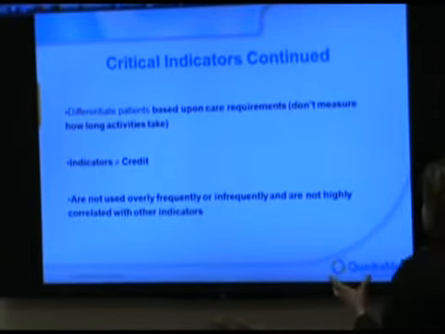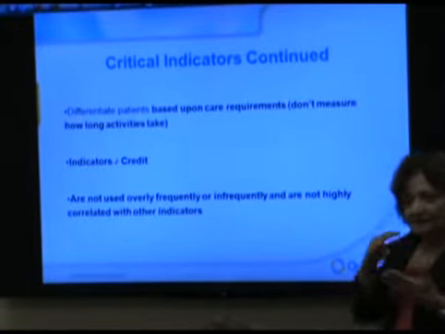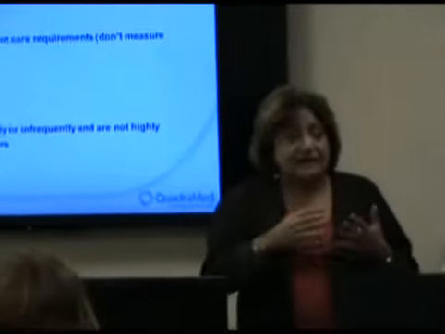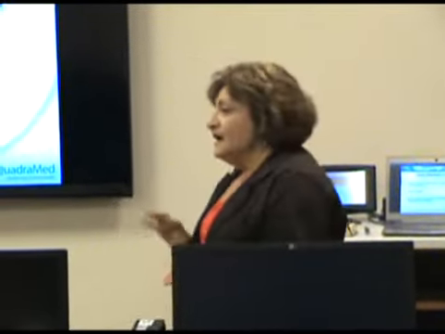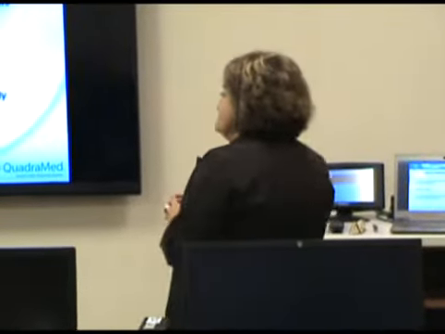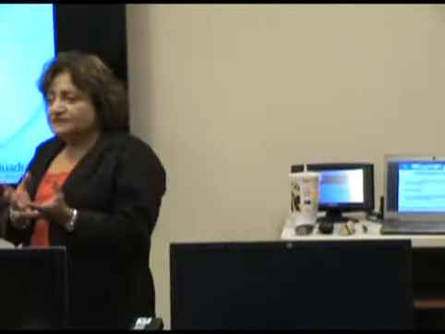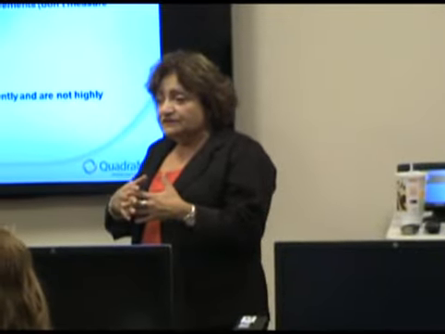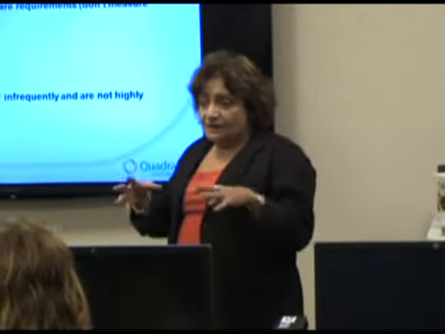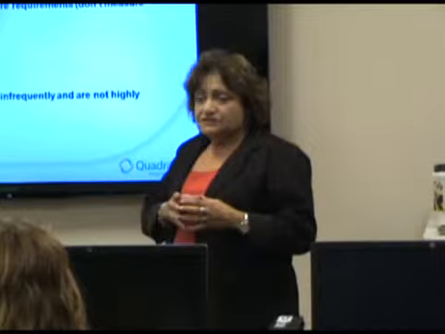And indicators don't equal credit, because one of the first things I always hear is, I'm not getting credit for this. And that's right. With these indicators, we're looking at the need of the patient, and then how we transform these indicators into staffing recommendations is when we take into account how you deliver care, which is what you're talking about.